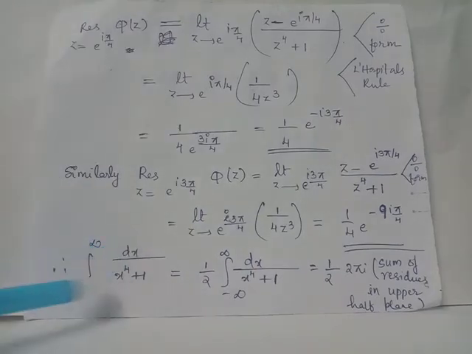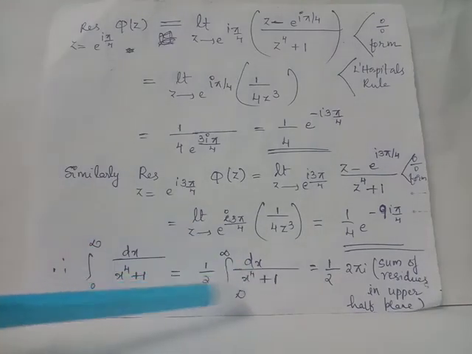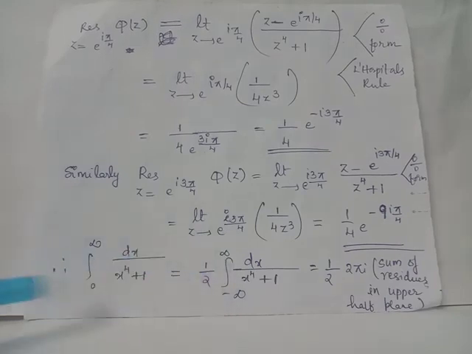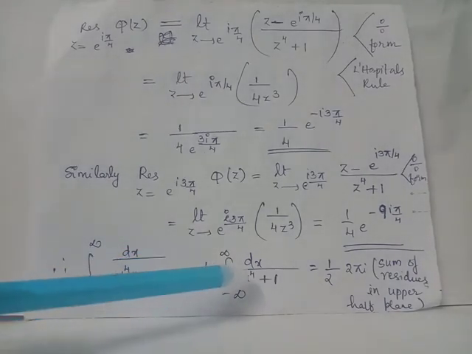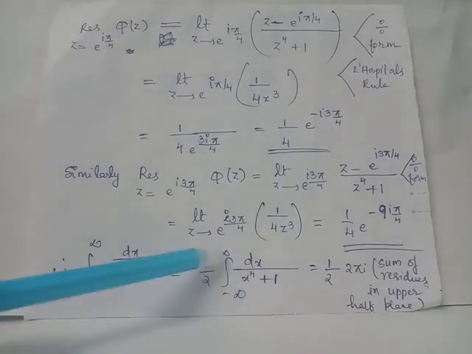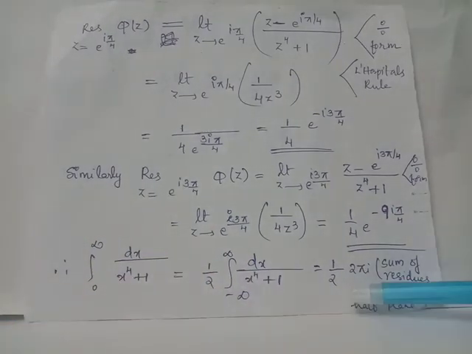Here x ranges from 0 to infinity, and there x ranges from negative infinity to infinity. That's why the integral from 0 to infinity equals half times the integral's value in the range negative infinity to infinity. The 2 and 2 get cancelled, and the given integral has the value pi i times the sum of residues of poles lying in the upper half plane.